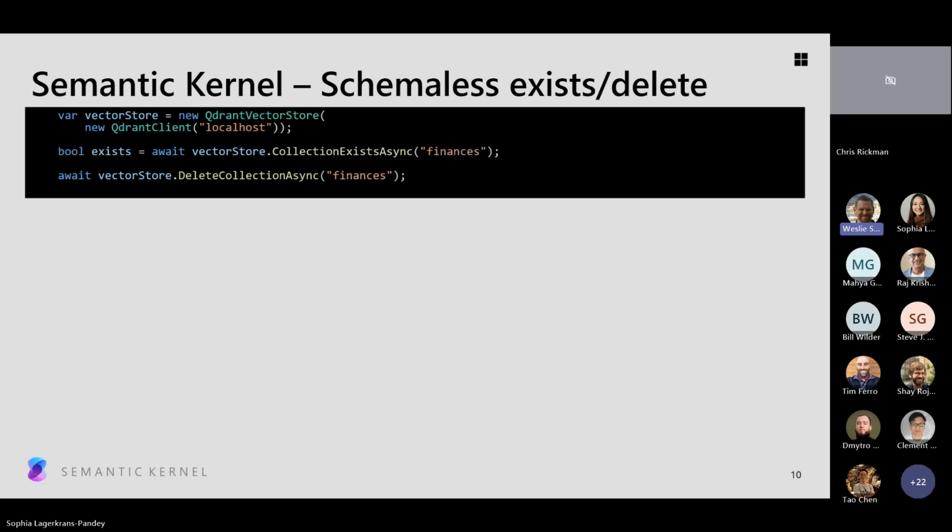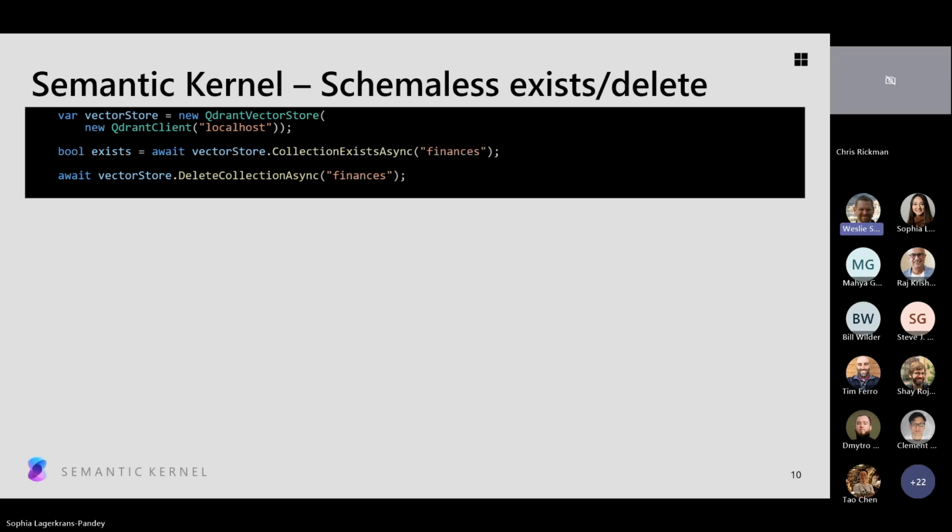So we have also added these methods onto the vector store object. So now it's possible to use vector store dot list collection names, loop through the results, and then decide whether you want to delete it, for example, without having to get a collection object at all.